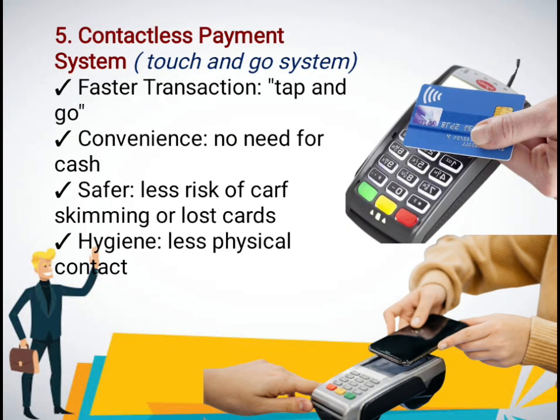And we also have this contactless payment system. It is also called the touch and go system. It is a faster transaction, just tap and go. It is a convenience, no need for cash, and it is also safer, with less risk of card skimming or lost cards. For hygiene, there is less physical contact.